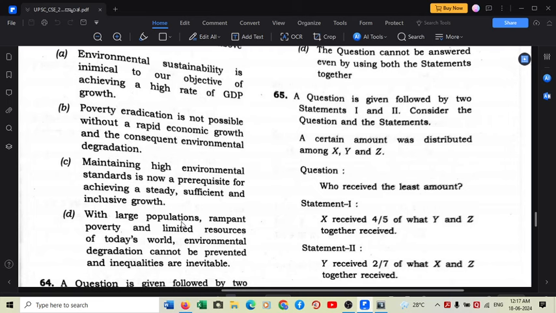Option C: maintaining high environmental standards is now a prerequisite for achieving a steady, sufficient and inclusive growth. This is the right answer. Why? Because environmental standards are high, meaning we are more focused on resource efficiency, and it will lead to sufficient, steady and inclusive growth. The word inclusive is giving you a hint to the right answer. Inclusive means we are also focusing on the needs and requirements of poor people as well.